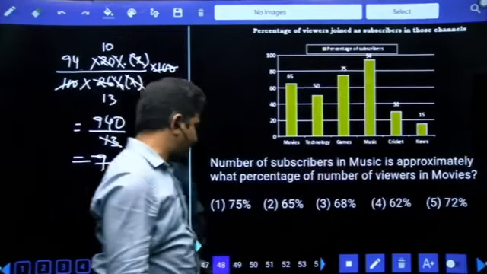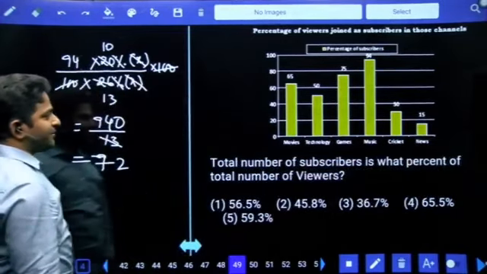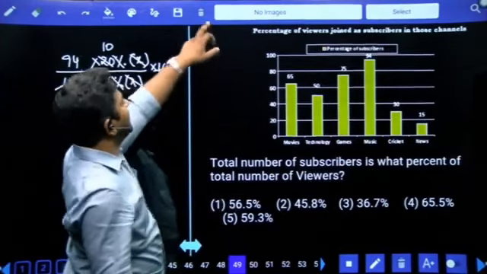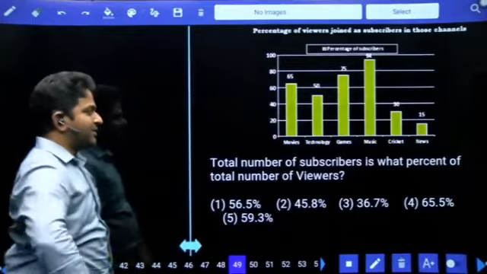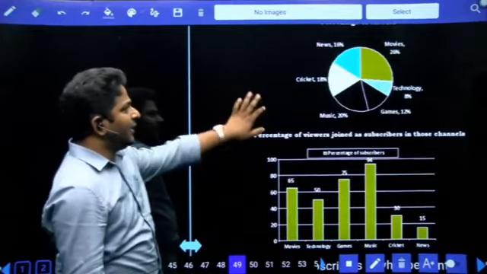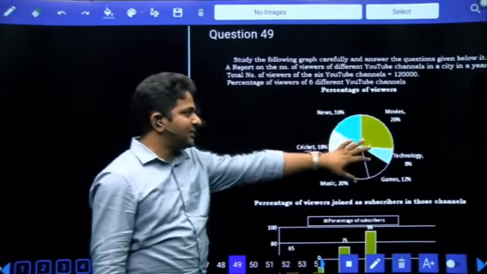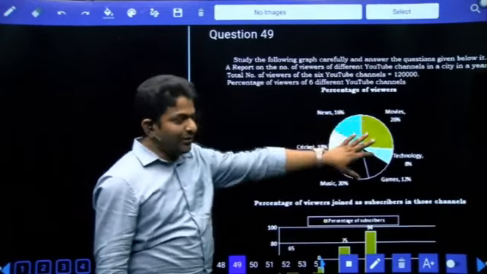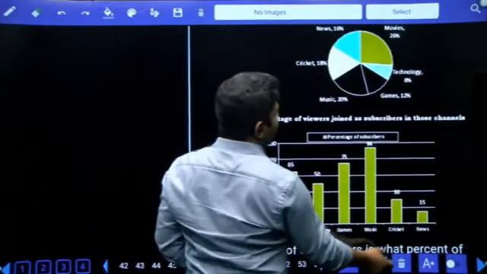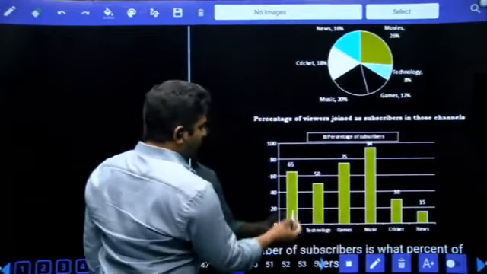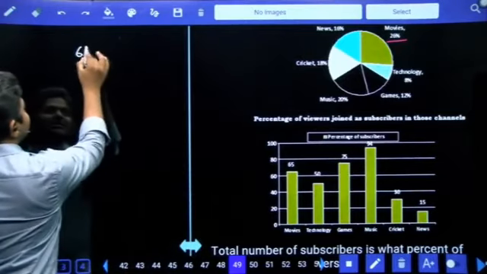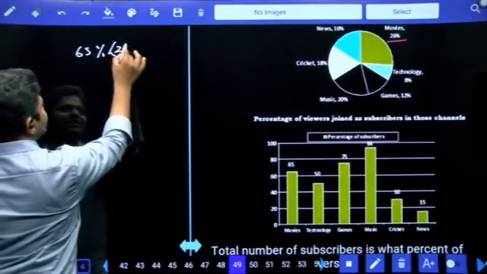Look at this, approximate. Number of subscribers is what percent of number of viewers? For this, you'll have to spend a lot of time. Number of subscribers is total value 100%. Number of viewers are 100 percentage. Out of which everywhere we have to calculate number like this. Out of movie, 65% of 26. We have to calculate 65 percentage of 26.